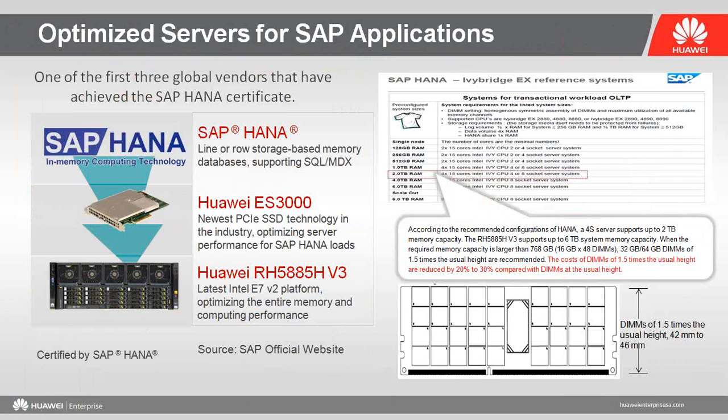This is a quad socket platform with a Huawei ES3000 PCIe SSD card. Really maximizing the workload and optimizing the price and performance. Ensuring that we achieve optimal performance with our memory densities and to keep the cost where it's acceptable to our customers, but offering optimized performance.